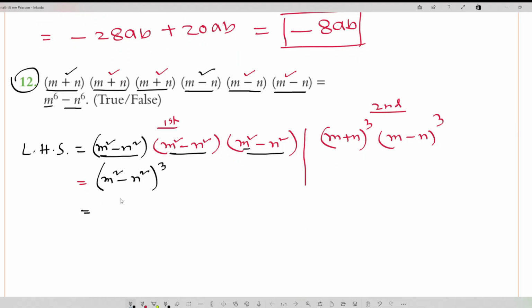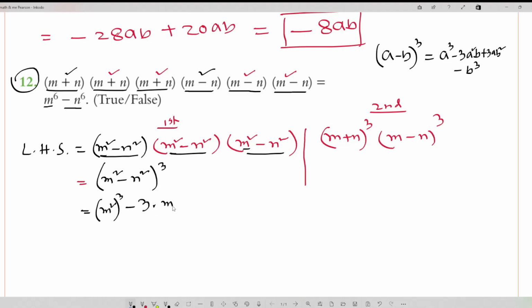So this one, as per (a minus b) whole cube theory, we can write a cube minus 3a square b plus 3ab square minus b cube. It means m square, then cube, here is minus, so minus 3 a square b.